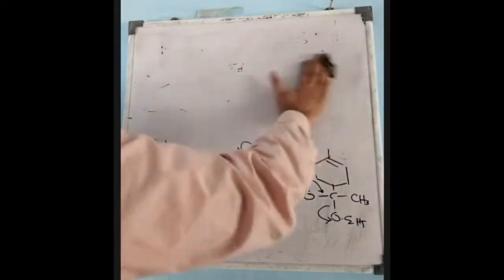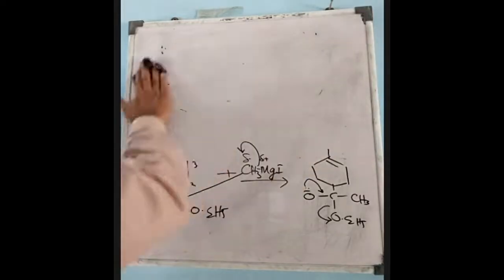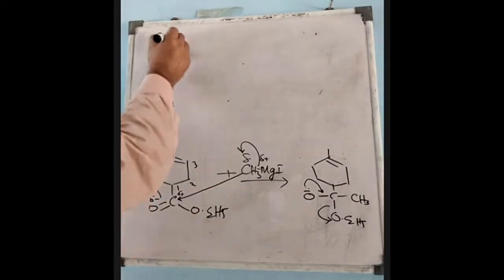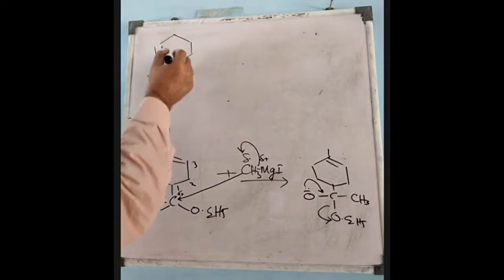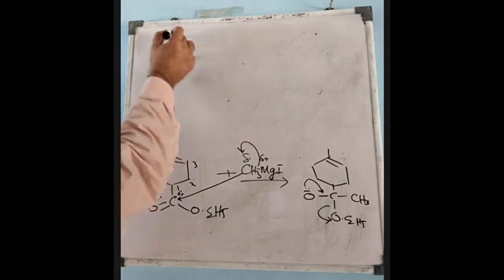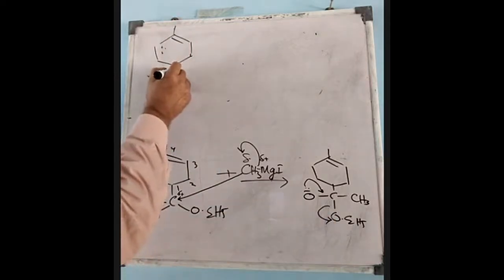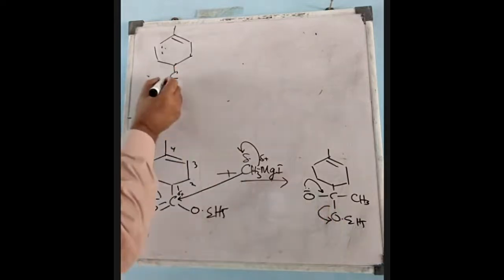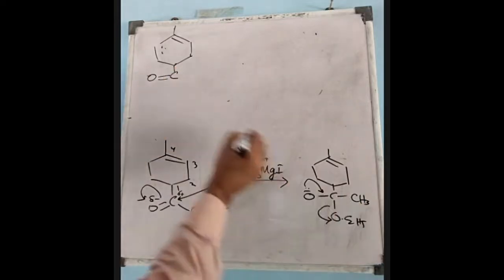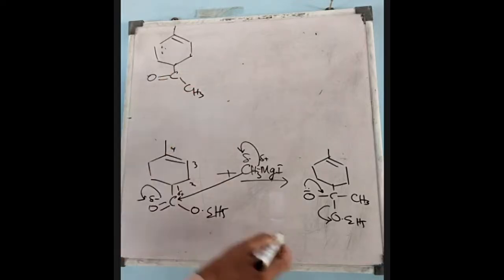So now we will have the compound here, with a C double bond O, and the methyl group will remain as it is, and the ethoxy group will be given out.